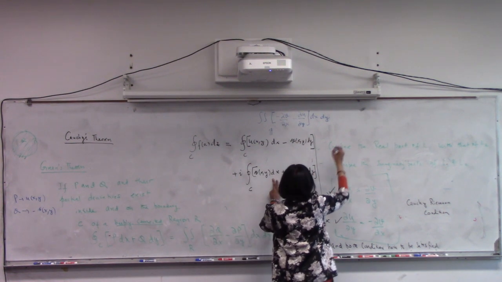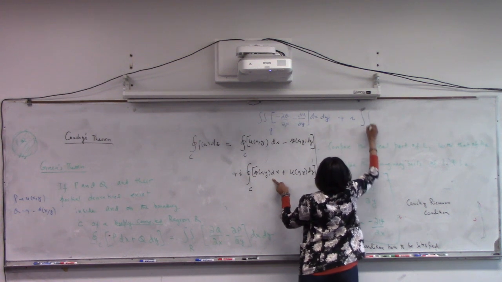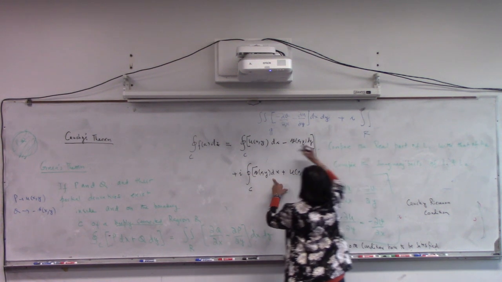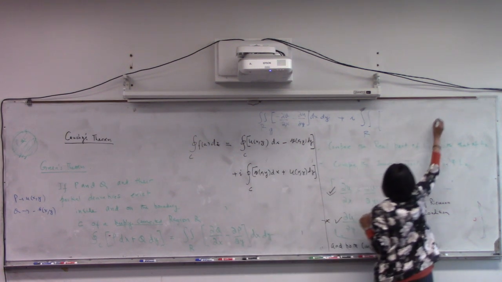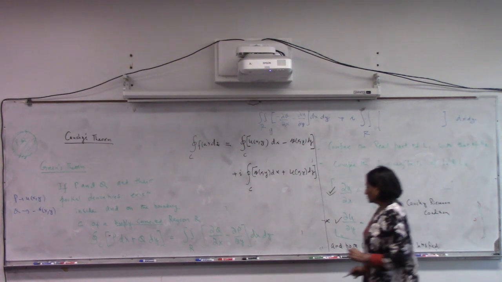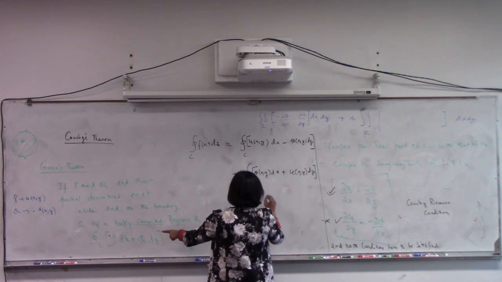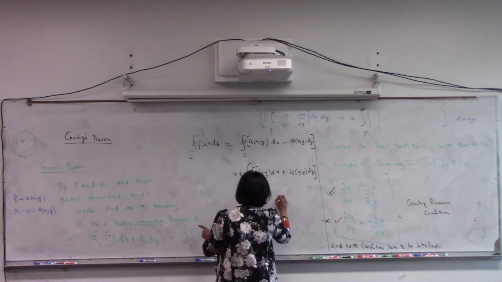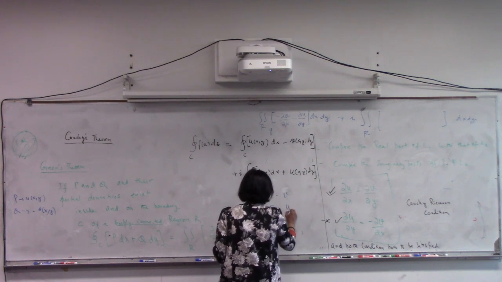Plus this term, I also have this, which is plus i double integral in the domain R of whatever I have to write down here, dx dy. Okay, so the second one here, p dx, right? So p is v, q is u.